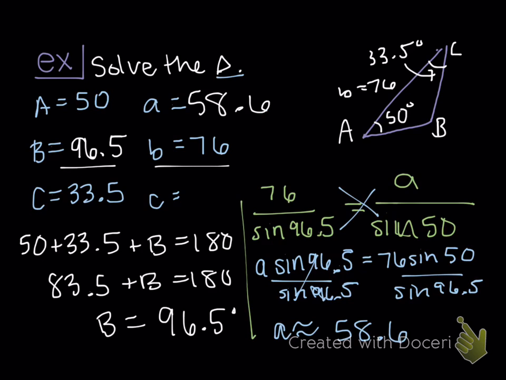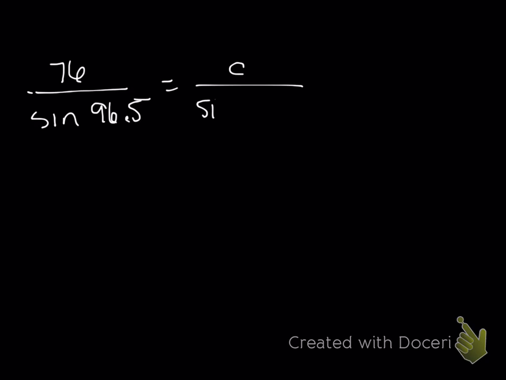And the last thing I need to find is side C, and again, it's essentially the same exact calculation. It's just I need to replace the angle with angle C. So I have 76 over sine of 96.5, and this is equal to C over sine of 33.5 degrees.